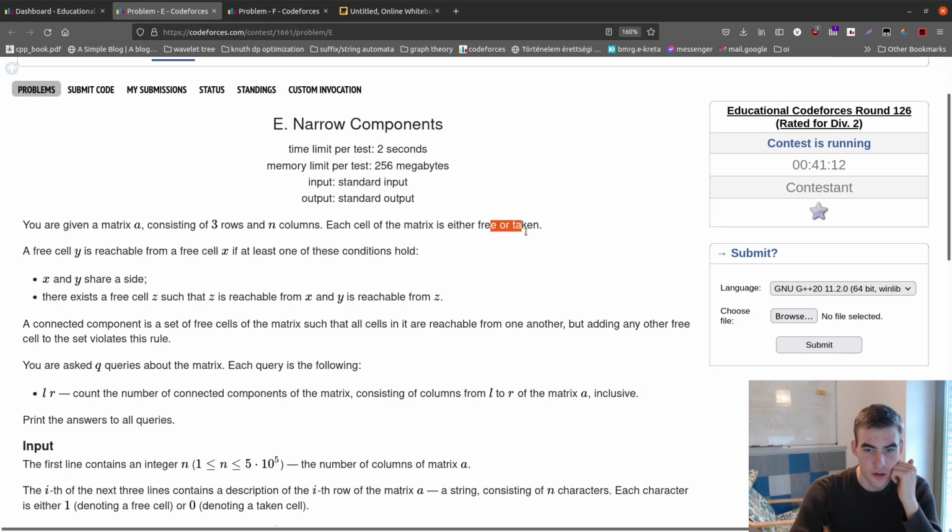No, because there are some taken cells, okay. But essentially this is what reachable means.